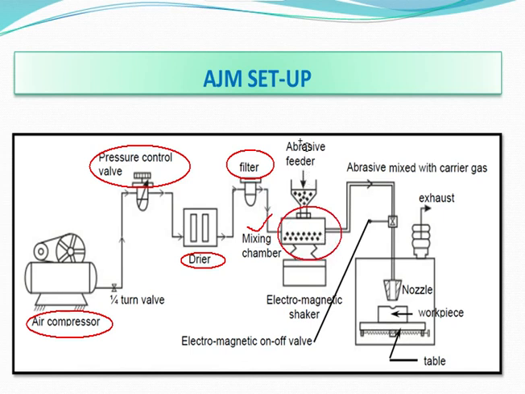From the abrasive feeder, the abrasive particles get inside the mixing chamber and get mixed with the air, and then this abrasive mixture flows through this particular pipe, and with the help of this nozzle it is ejected over the workpiece, and thus the fracture occurs and the material is removed. So in AJM generally the following is occurring.